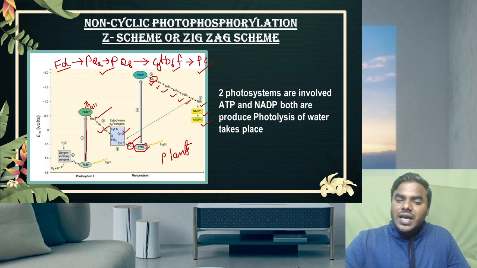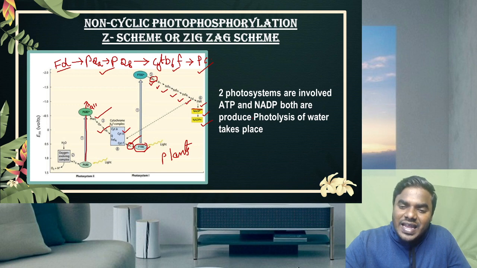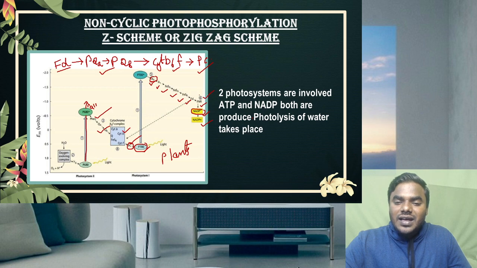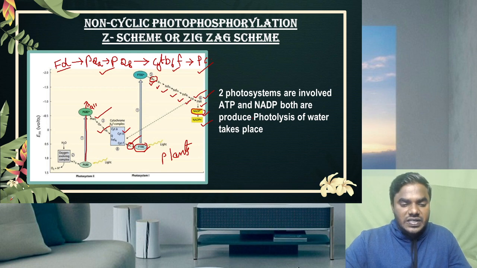Friends, the last electron acceptor is NADP plus. Most of the students will say either FNR or FD. No, that's not correct. NADP plus is the final electron acceptor that is involved in the NADPH formation. Please do not forget this statement under any circumstances.